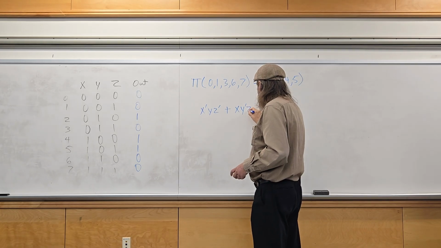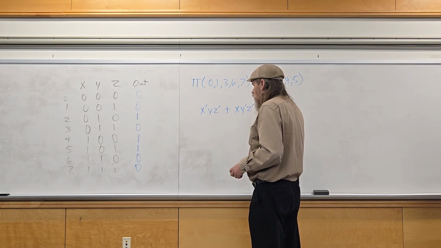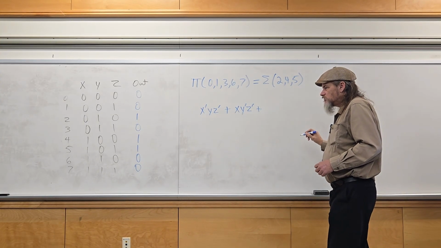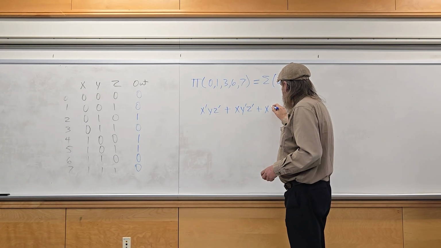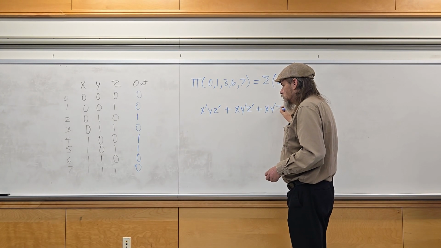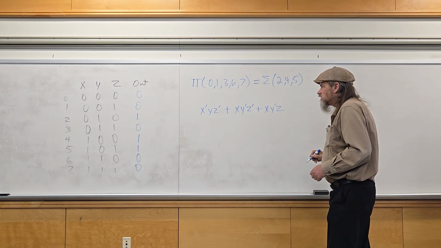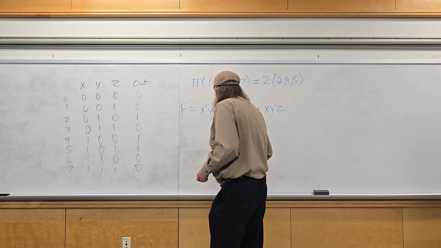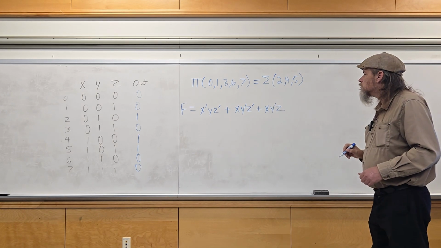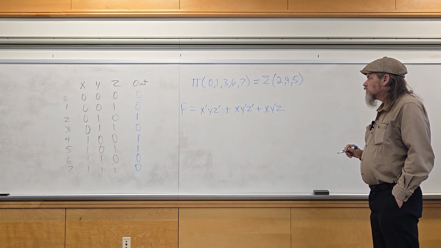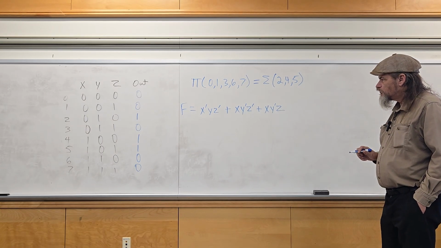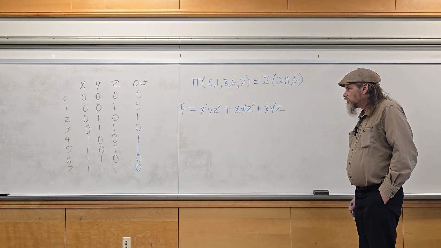D prime. That's the fifth, number 5 minterm. So F would be equal to that. And that would be your expression that you can build a circuit from.